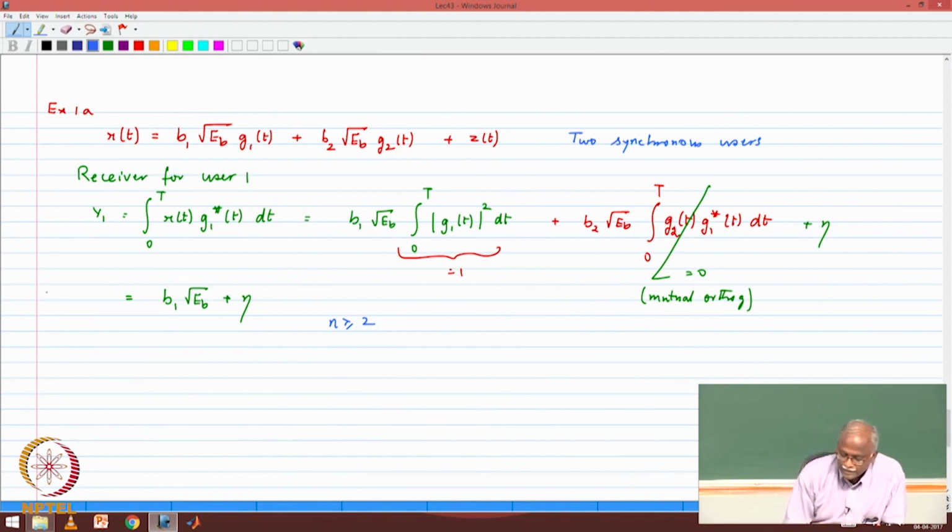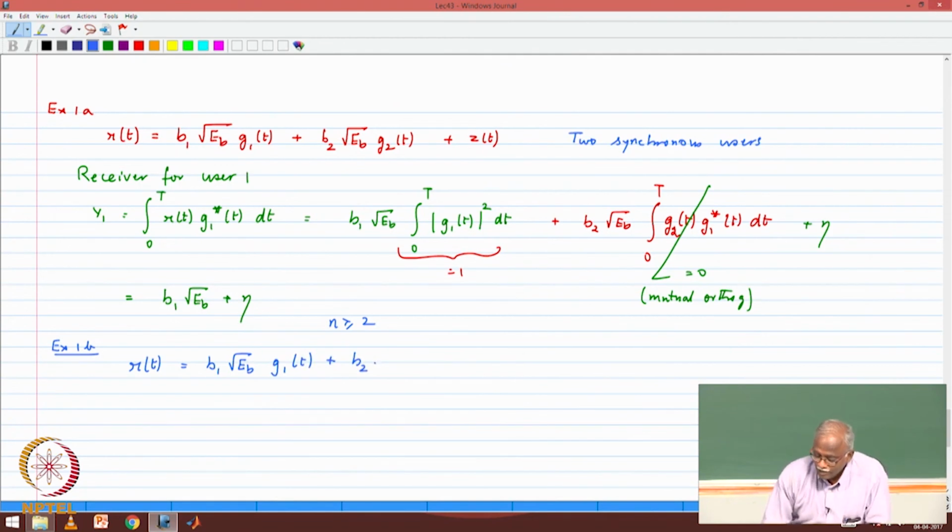Second, now what if the users are asynchronous? So example 1b, asynchronous users, you will capture in the following form: b1 root Eb g1(t). Please tell me how to write the asynchronous user: b2 root Eb g2 with some shift, (t minus tau), plus z(t).